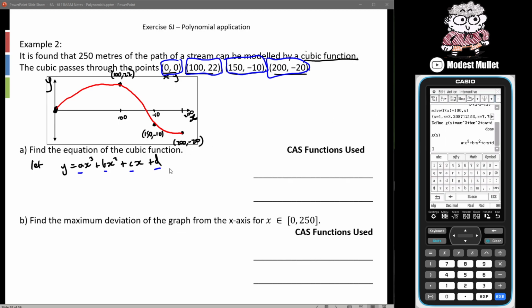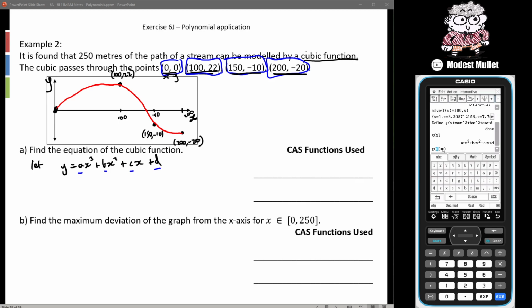What do I need to now do? Well, I need to just use the bits of information I'm given, those 4 data points, and substitute them in and solve using simultaneous equations. The way that you substitute is that g of 0, we're told, is equal to 0.